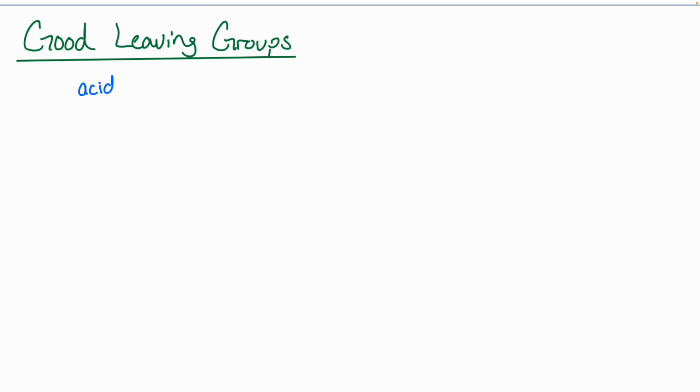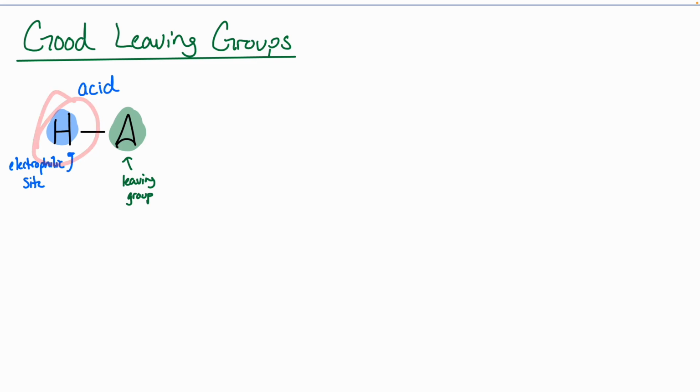One example would be an acid, so HA. My electrophilic site is that proton. But that conjugate base is playing the role of a leaving group. Right? We say acids donate their protons. That means that the other half gets kicked off as that leaving group.